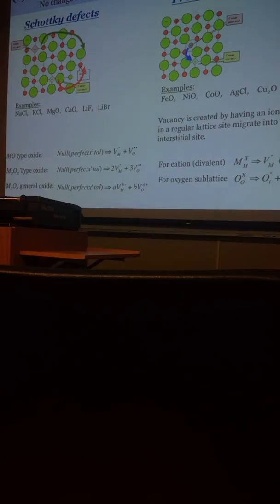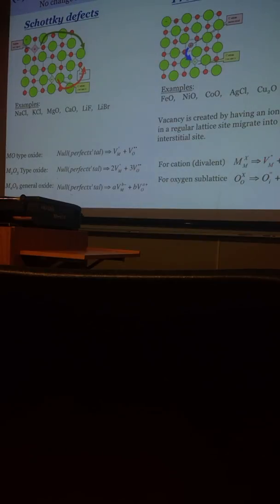Now, if you go into the Frenkel defect, overall there is no change in the numbers. However, locally, the cation is moved to the interstitial site, so the cation at its original place creates a vacancy, and then that cation moves into the interstitial site.